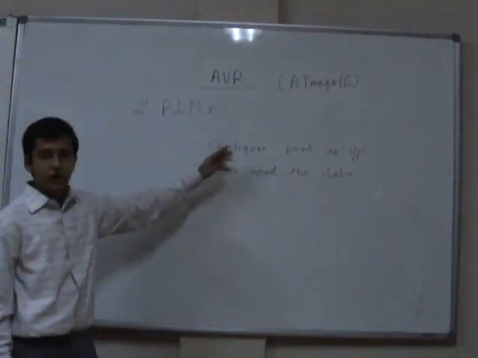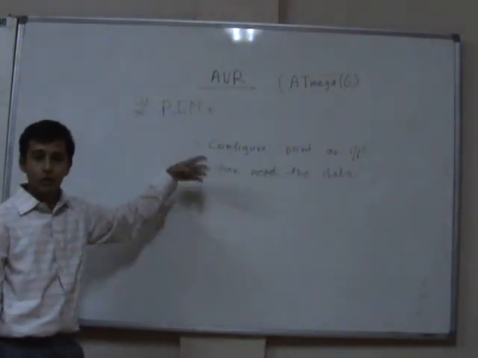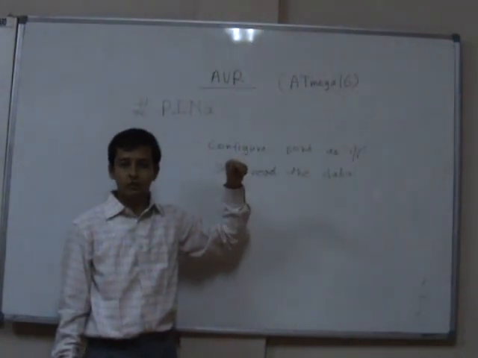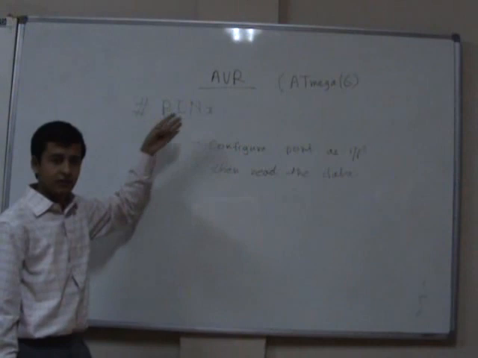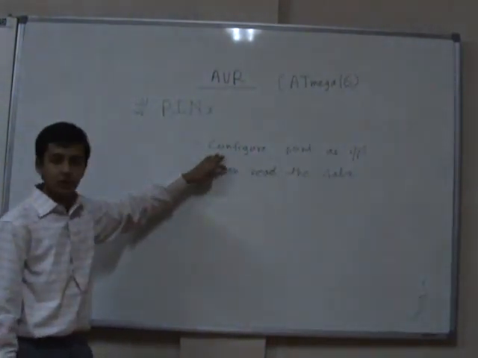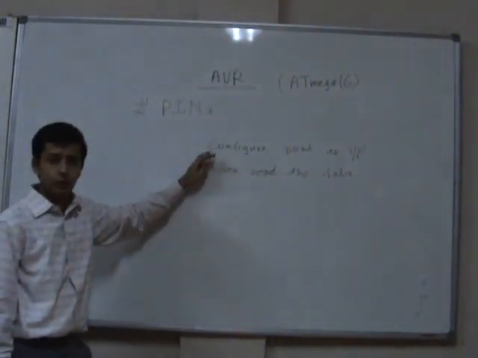If you have not configured the port as input and you try to read the data using the PINX register, what you will get is the data that you had written into the port register of the port, because the PIN register directly reflects the values on the port pins. If you have not configured it as an input, it will give you the data that has been previously output on the port.